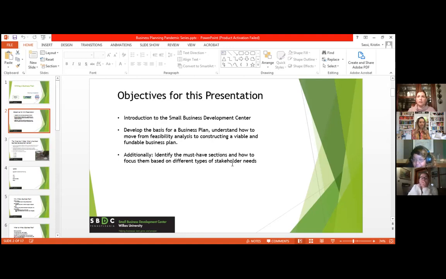It's important to know that the business plan is going to be used as a tool or a roadmap for your business. One of the main things you get from your plan is that it's a feasible idea, that the business you want to start is feasible, and that if you open it, you're not going to lose money or go under. And then finally, identifying the must-have sections of the business plan.